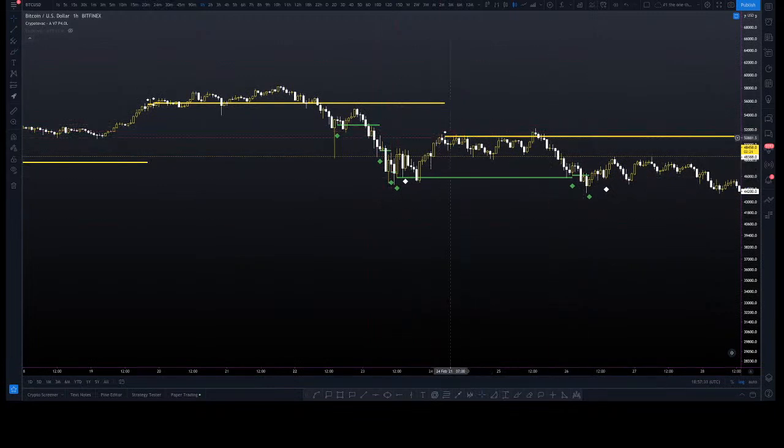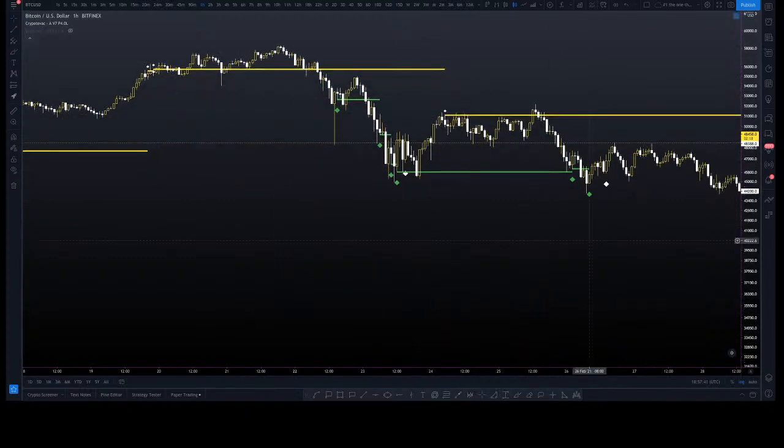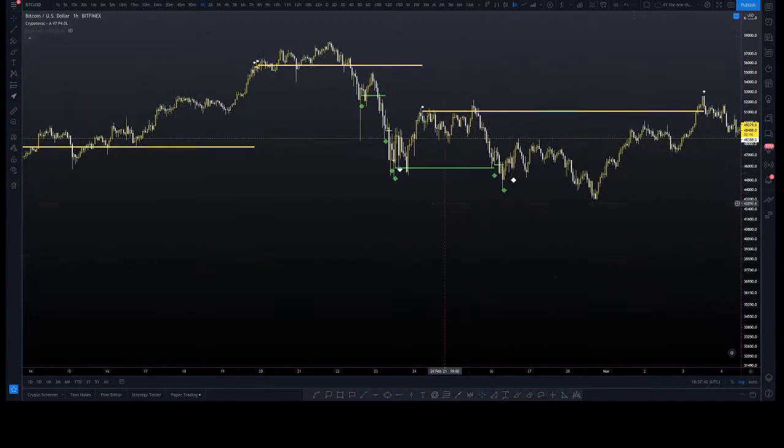Same with the white diamonds, they print out, they're just continuous. Green diamonds and white diamonds signify bottoms or strong support when it's just a green diamond on itself. So when that support is gone, we're going to see some down movement.